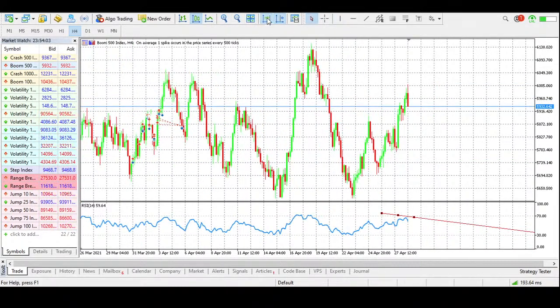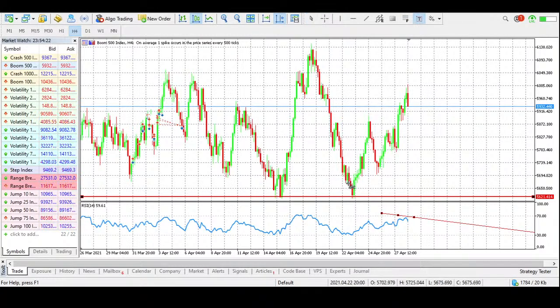Now this is simple, to get this horizontal support and resistance, and know that this is a boom market, so it's going to boom from here. If you understand support and resistance and you've been trading boom and crash for a while, or any market, you'd know that right at this point, after the first candle closes and the second one opens, you are going to start trading spikes.